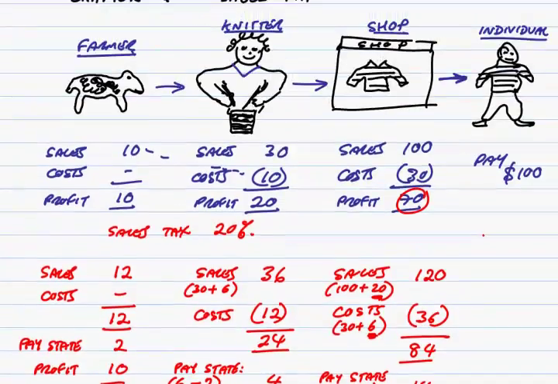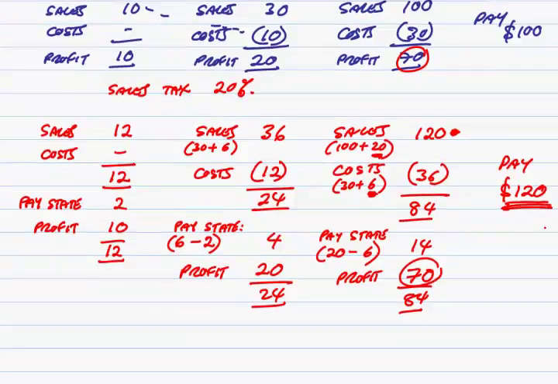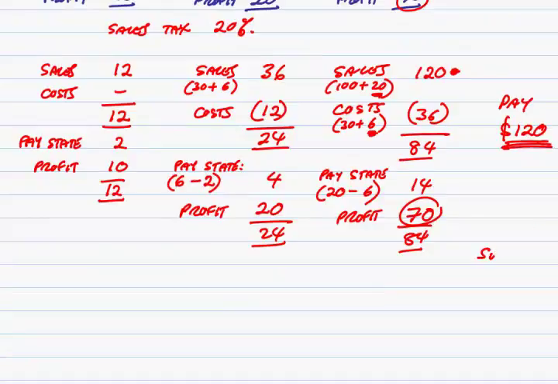Because when you go to the shop and buy the sweater, without tax you'd have paid 100. With tax, how much are you paying? The individual ends up paying 120. And we finished. And of course the person who suffered the tax is the individual. They've suffered $20.